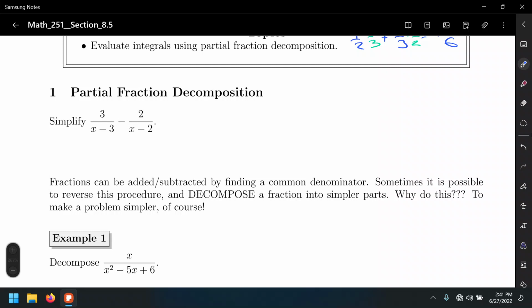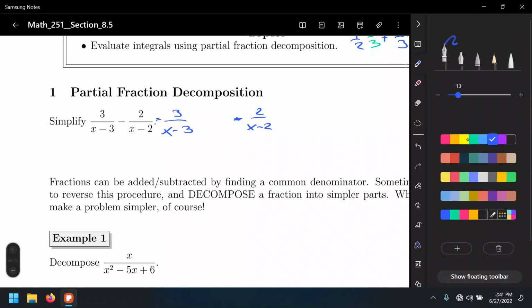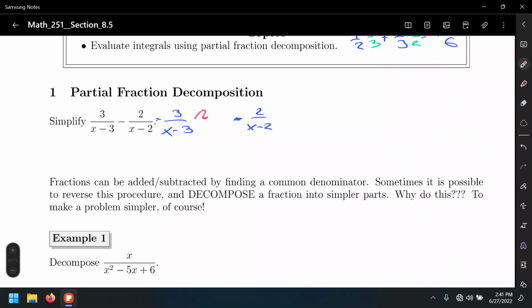So no, in this case, we need to multiply by missing factors. I'm going to leave a space to figure out those missing factors. For the first term, multiply numerator and denominator by x minus 2. And for the second term, multiply numerator and denominator by x minus 3.